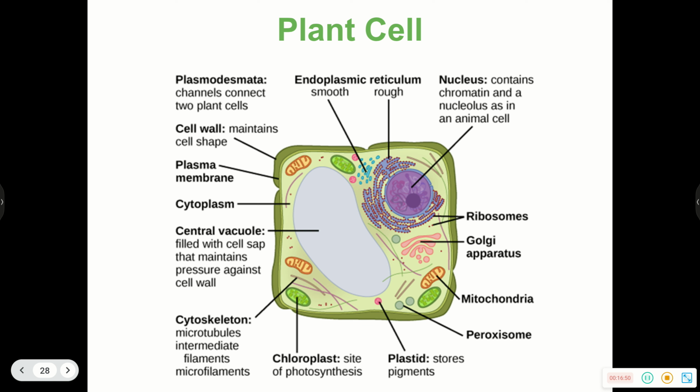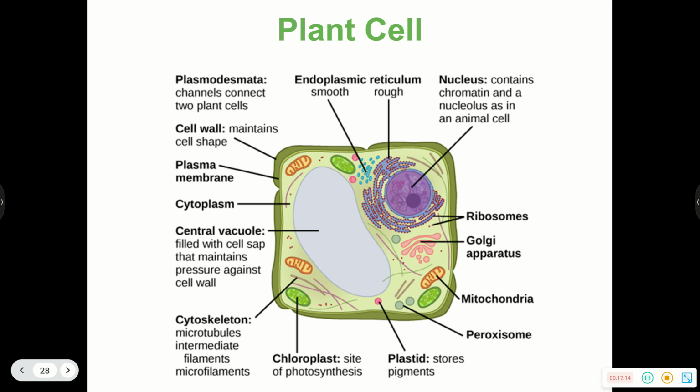itself. Because the central vacuole maintains the pressure against the cell wall. The cell wall in a plant cell wants to push in the entire time. But this central vacuole is able to push back and keep that pressure where it needs to be so the cell keeps its shape.